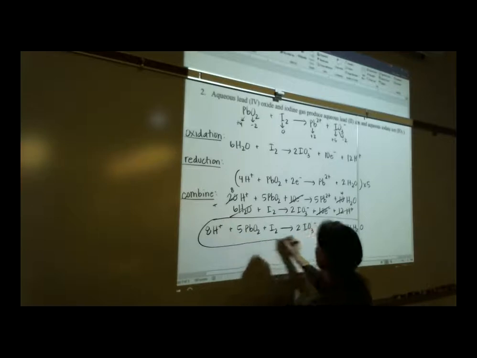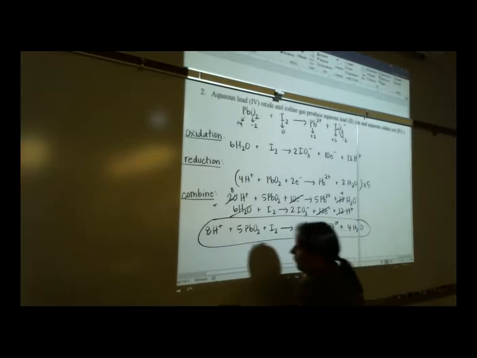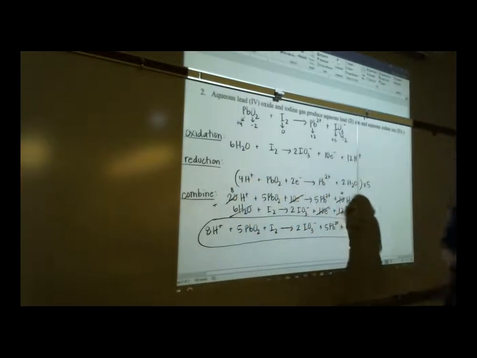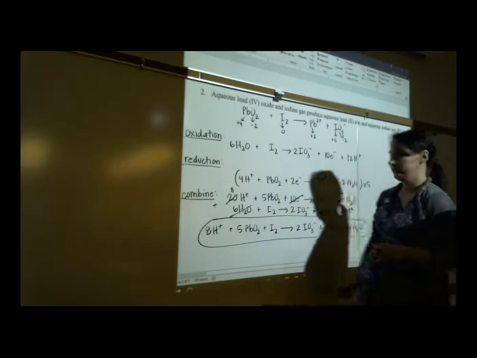And that is my final answer for number 2. And again, these first 4 are all occurring in acid solution.